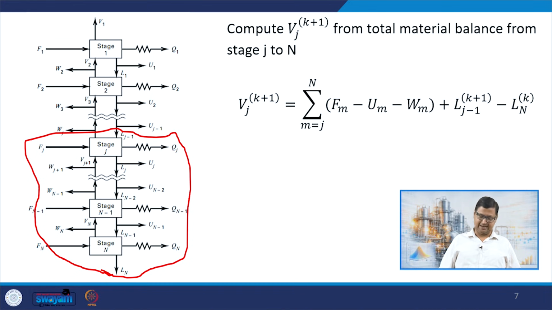to stage n. And what you see here is that what is leaving this stage j now is my Vj, and I want to find the value of Vj for the new iteration. So, it is Vj k plus 1.